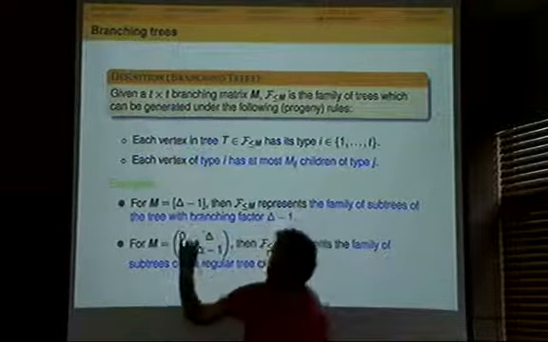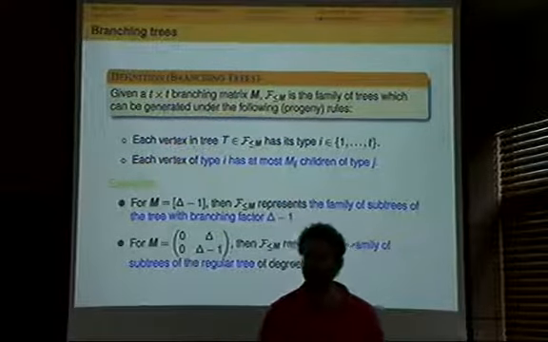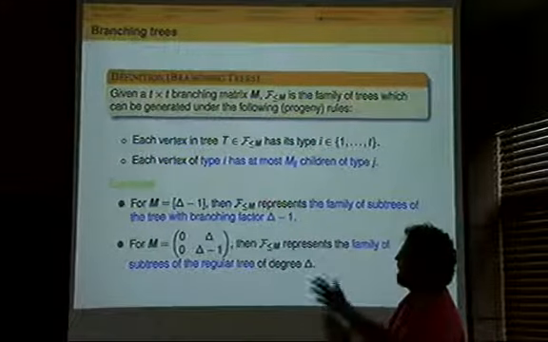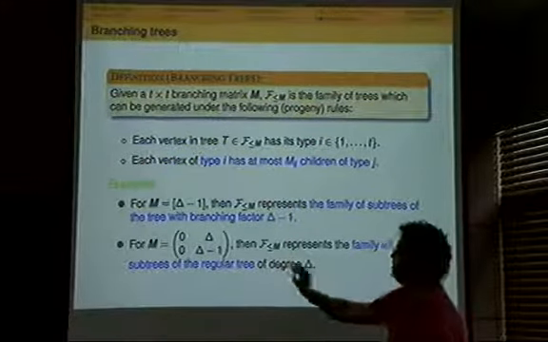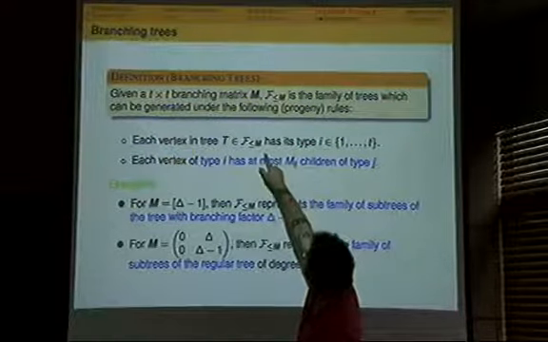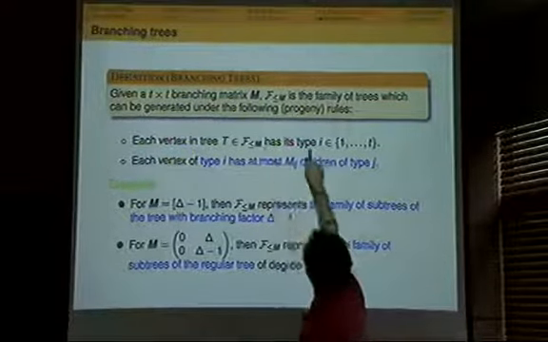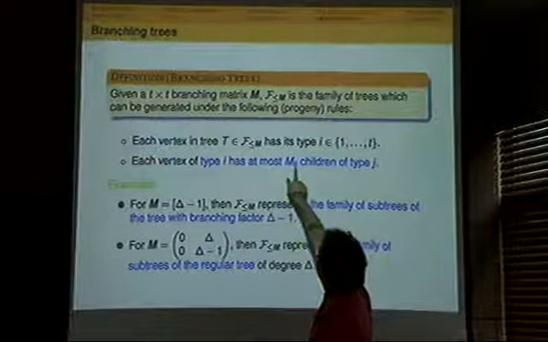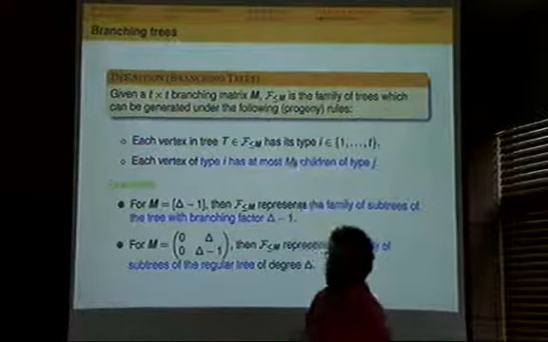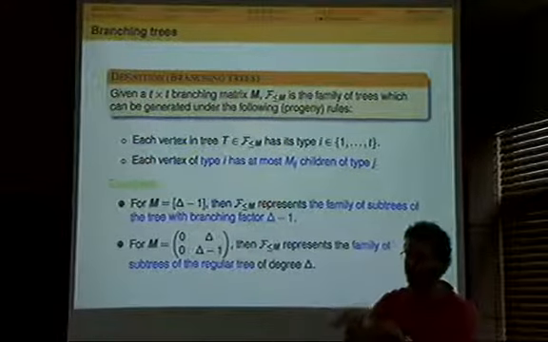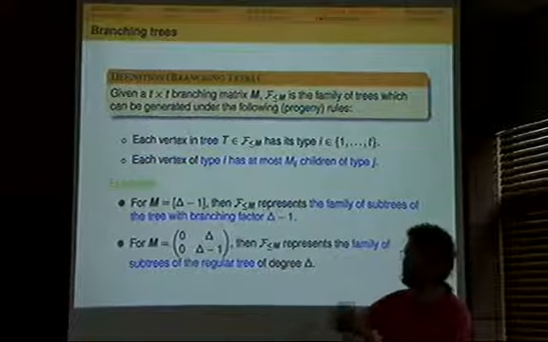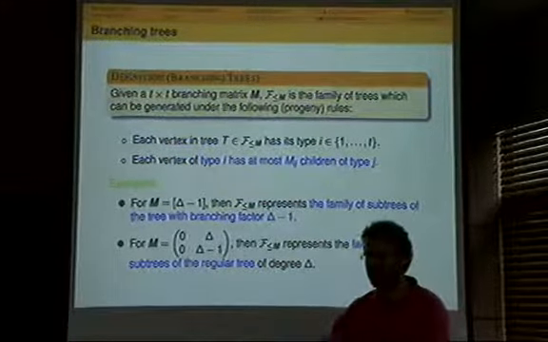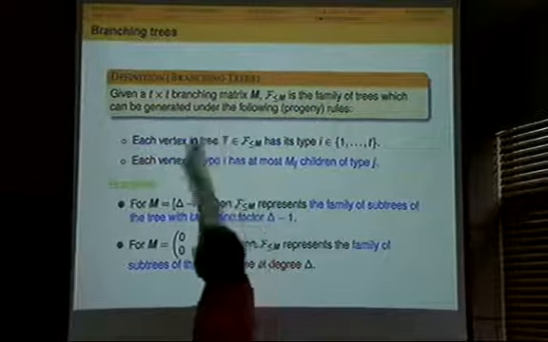The root starts as one of T different types, okay? The root corresponds to, say, type 1. So now I look at row 1, and if the root is of type 1, then the number of children of type J is at most Mij. So I look at row 1, and that tells me how many children of each type for type 1. Okay? And then I keep going based on this matrix.